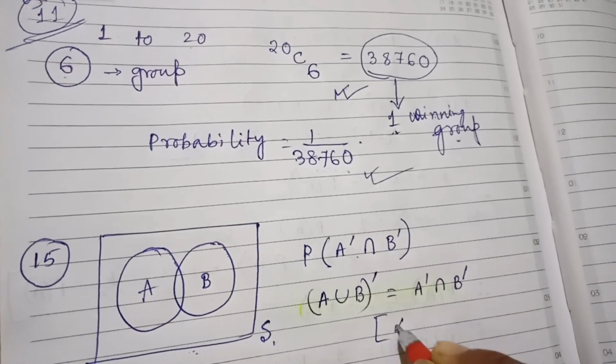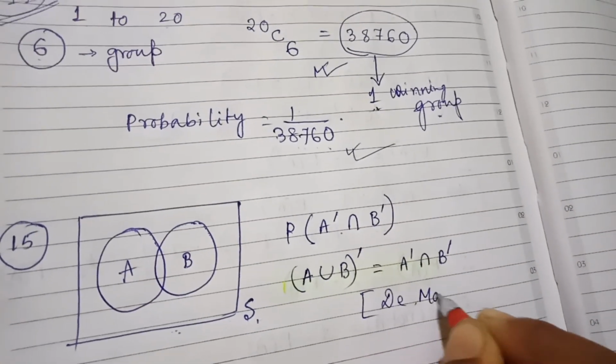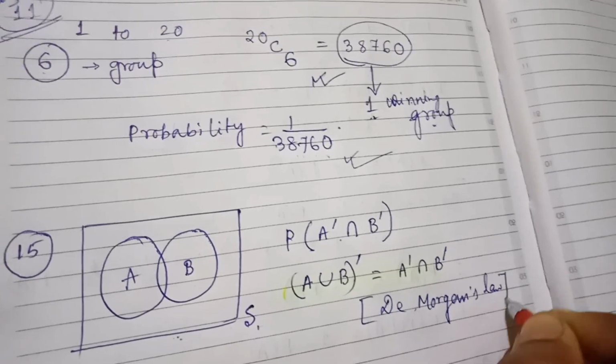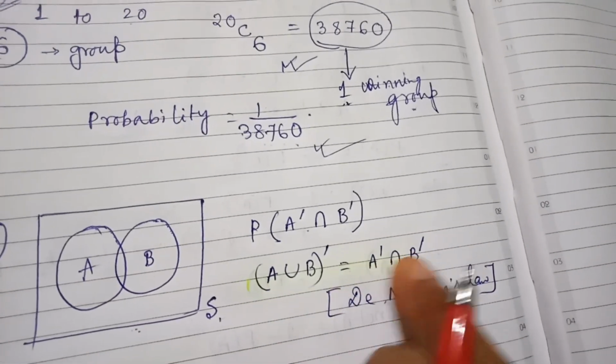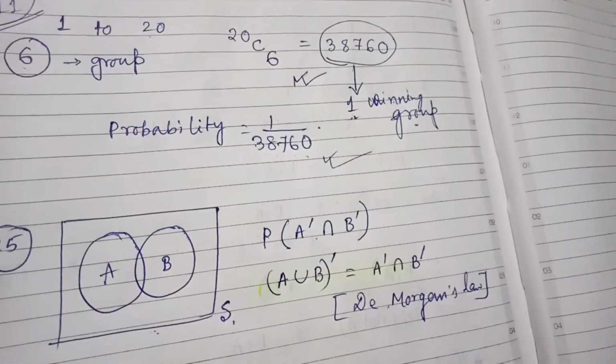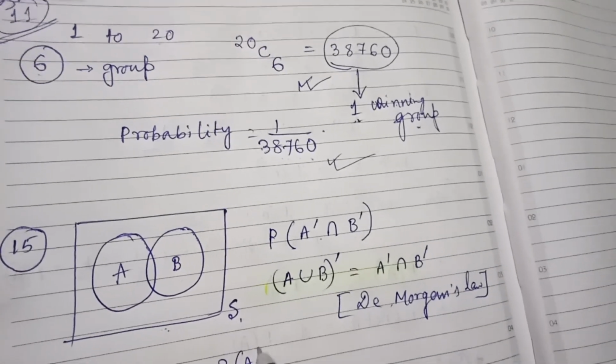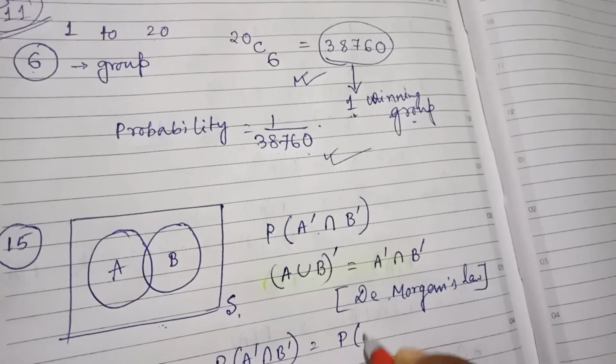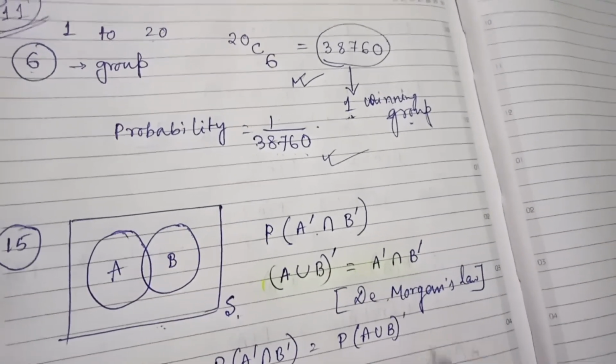We know it from De Morgan's law, set theory. So we can write that P of A prime intersection B prime is equal to P of A union B's prime.